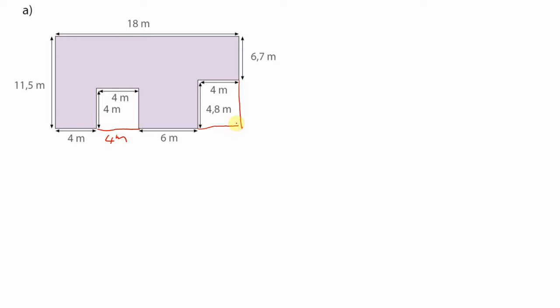So let's see what we have here. Well, we have 6,7. So what is 11,5 minus 6,7? That will give this distance. 11,5 minus 6,7. So we can borrow here. So we have 15 minus 7, it's 8. We can borrow here.